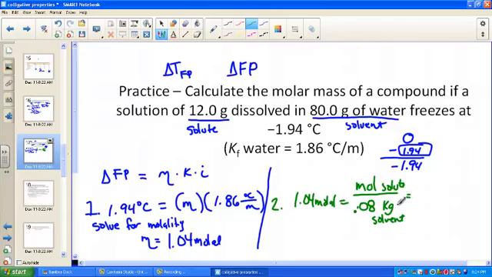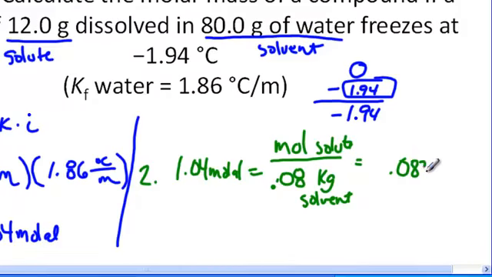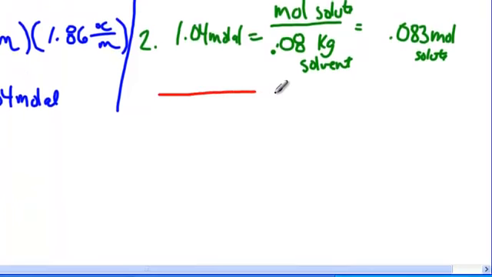Alrighty, so let's cross multiply. We have 1.04 times the mass of 0.08 kilograms, and now we've determined that to be 0.834, I'll just stop there, moles of solute. Step 3.